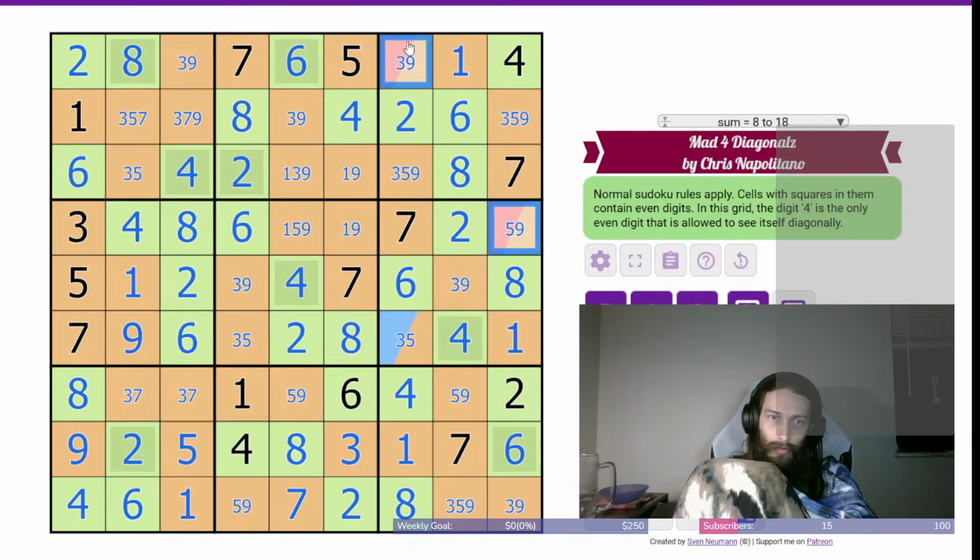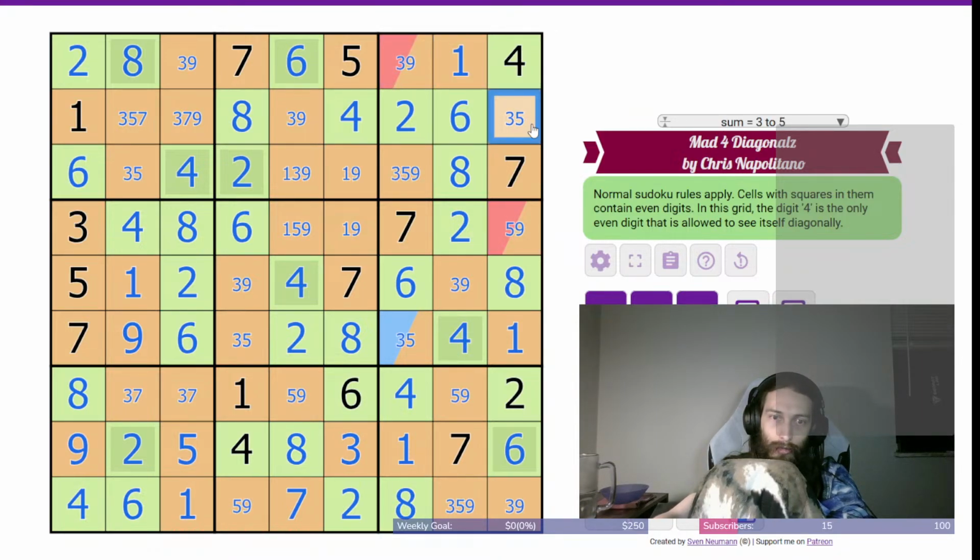If we look at these two that I marked in red, if they were a 3-5 pair, they would break this. So one of them has to be a 9, which removes the 9 from there.